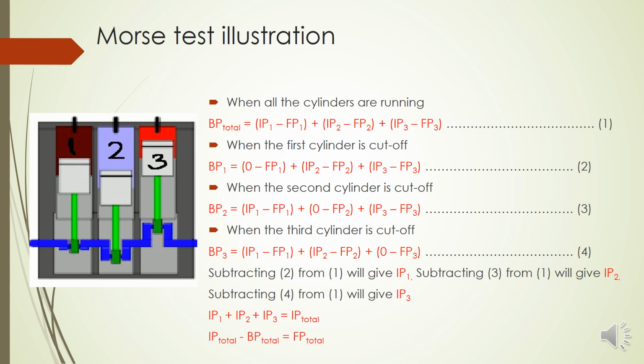So this is the procedure for finding the frictional power using the Morse test. Just memorize these equations, numerical problems will be asked based on this. If it is a 4-cylinder engine, you have to add one more equation. Like that you can easily get the total frictional power of the engines.